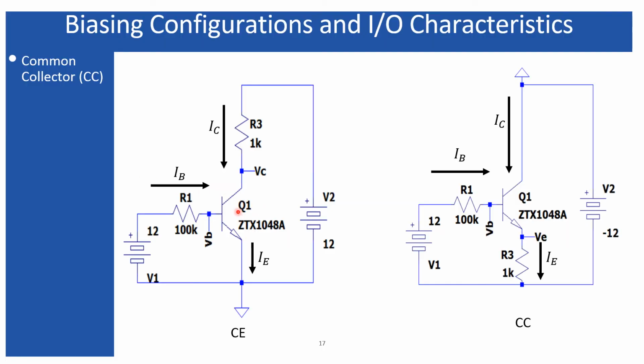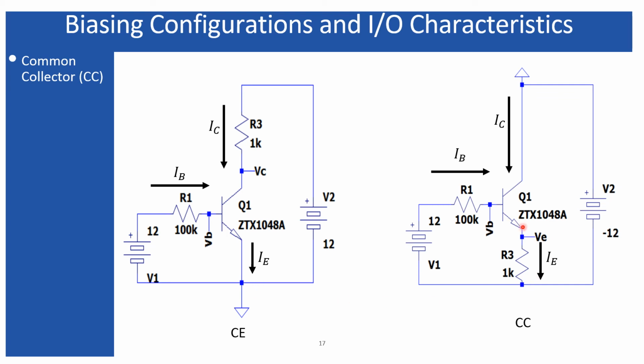Next, the common collector configuration. Here I have placed the common emitter and common collector configurations side by side for comparison. This circuit represents the common emitter configuration, where the emitter terminal is connected with a common reference point, a common reference voltage, that is 0 volt.